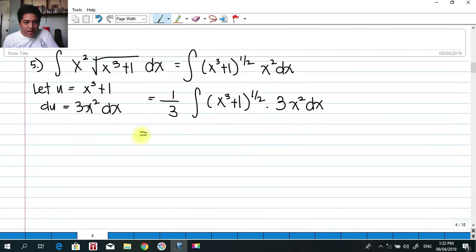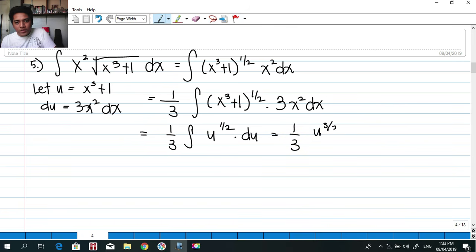So what will happen is that 1/3 will now be the integral of u, which is equivalent to (x cubed plus 1) raised to 1/2, times du. So again, we have 1/3. By power formula, we have u raised to 3/2 over 3/2 plus c.